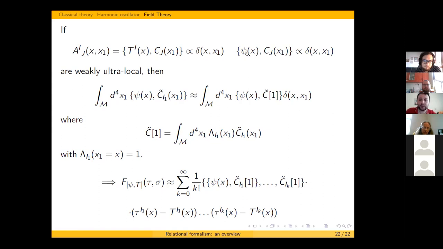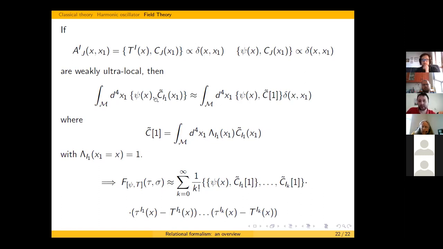And also this psi, this other partial observable, also is ultra local. And this is the case, for example, in general relativity. Then this weak equality is something that solves all the problems.